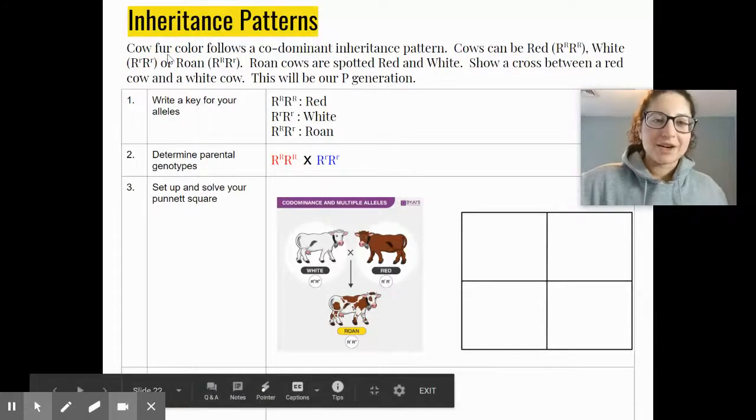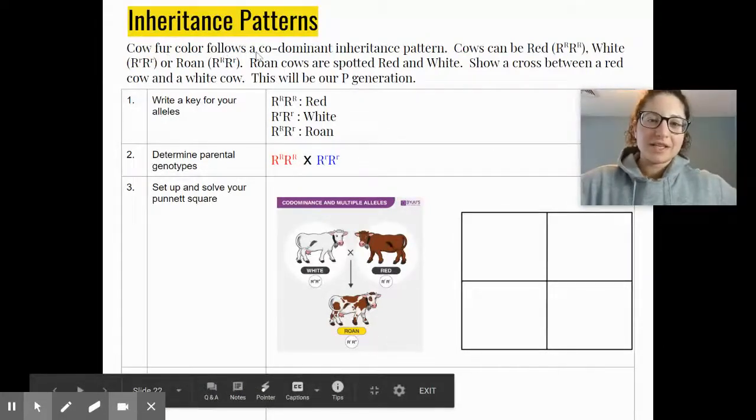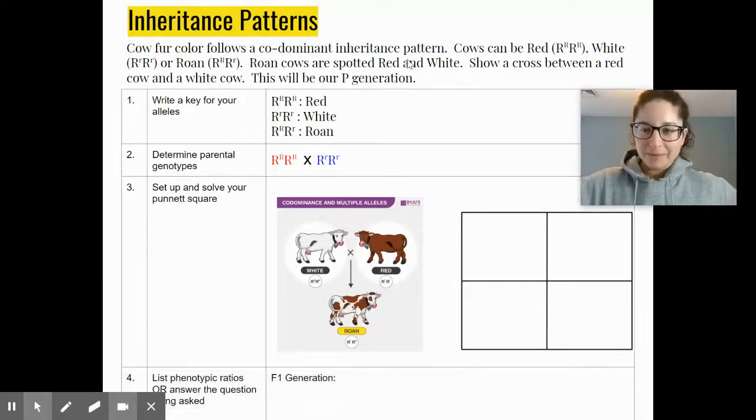So it says up here, cow fur color follows a codominant inheritance pattern. Cows can be red, which is written like this. Again, we're using the big R as our fur color, and then we are using the little r up here, the superscript, as the actual coloring. So we have fur color red, fur color red.